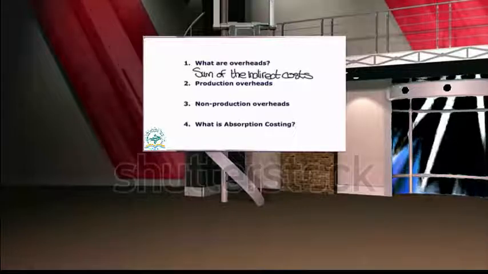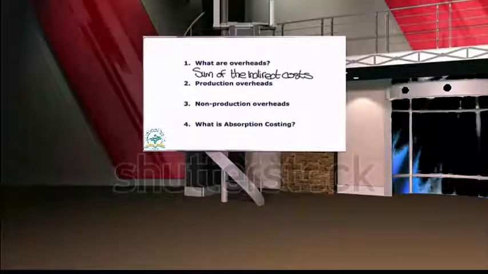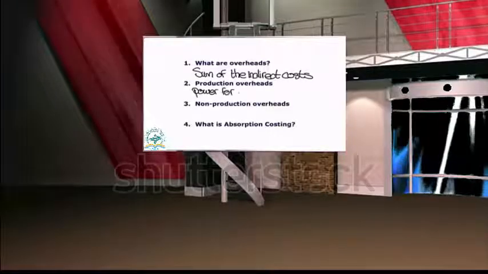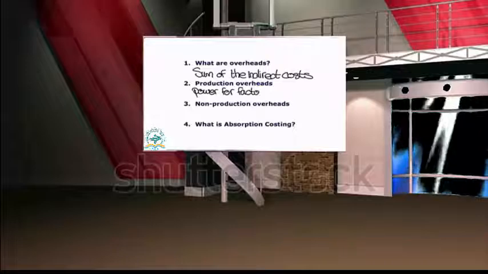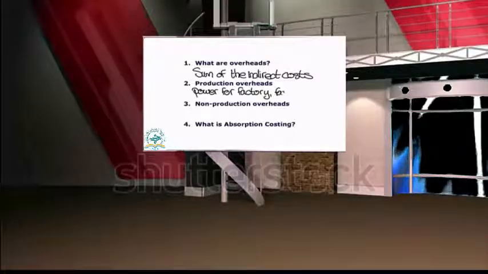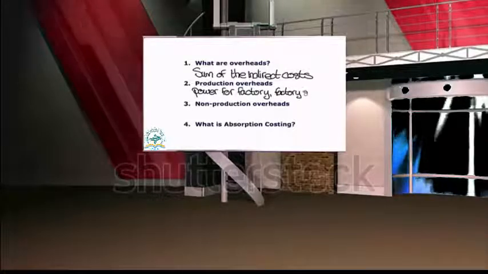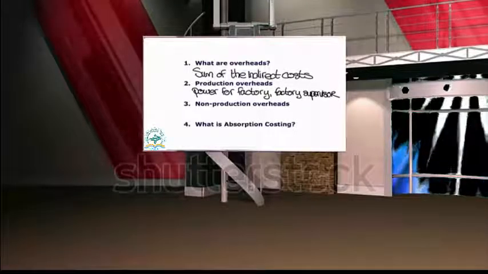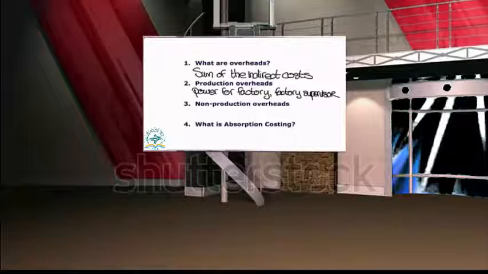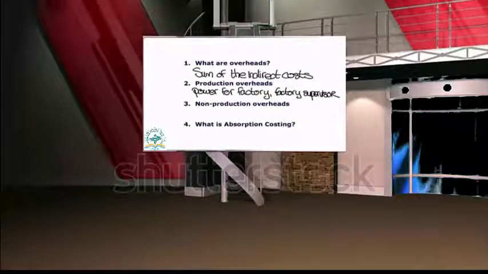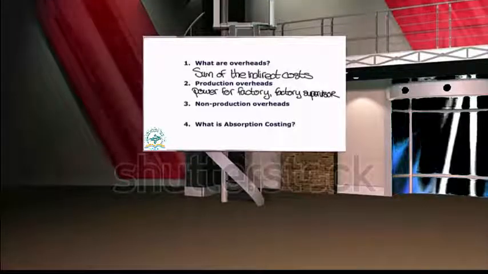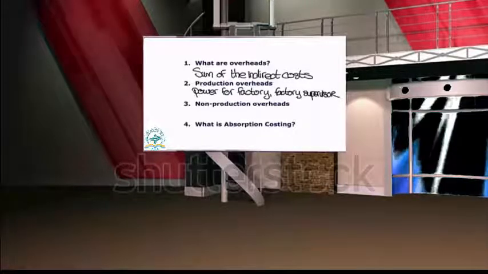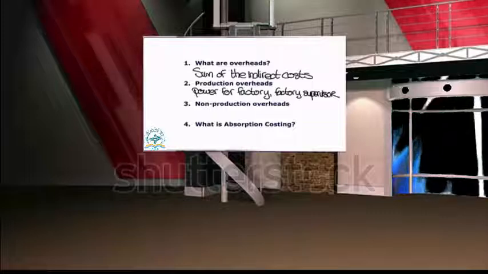So our production costs might include, for example, power for the factory, or perhaps our factory supervisor wages. These are our production overheads. So the costs incurred in our factory environment, the production costs, that cannot be linked directly back to the production of one unit of our output.